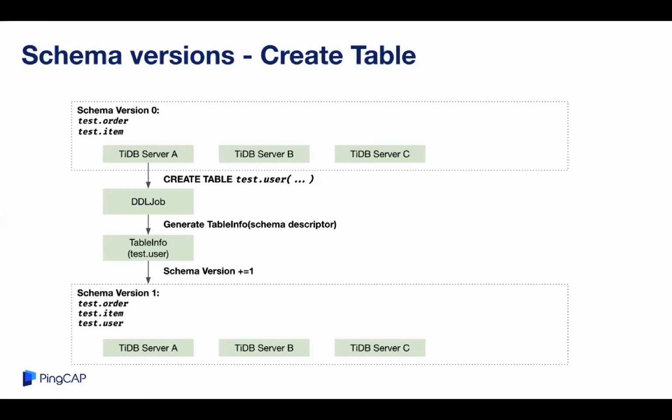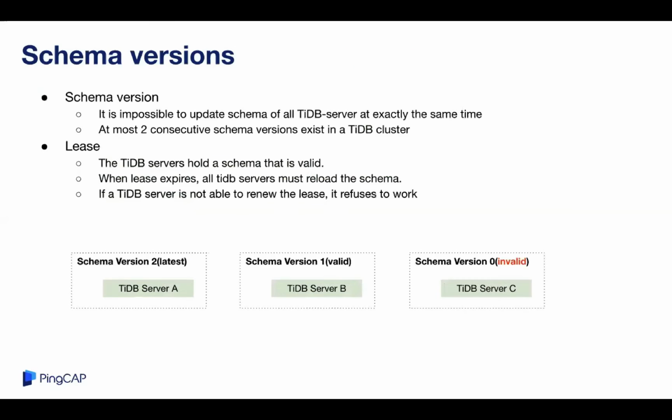This is how the schema and the schema version work for a TiDB cluster. All the schemas in TiDB come with versions, and every time we have a DDL job, when the job is finished, all the TiDB servers will try to update the schema version to the latest one.